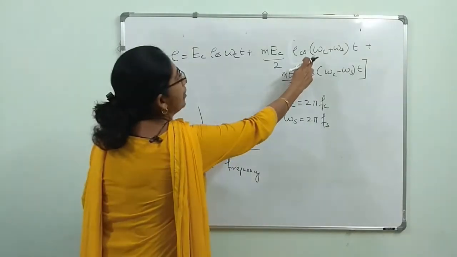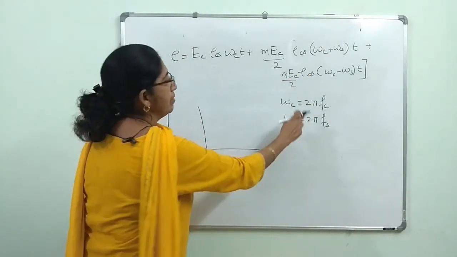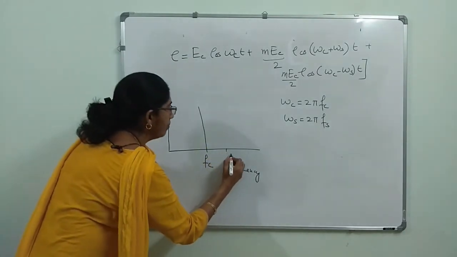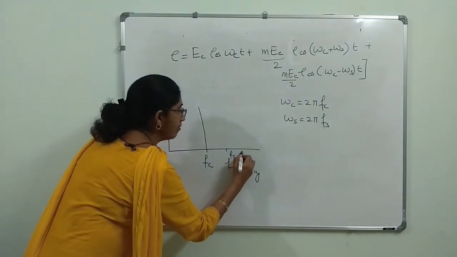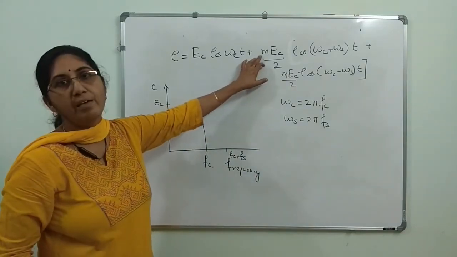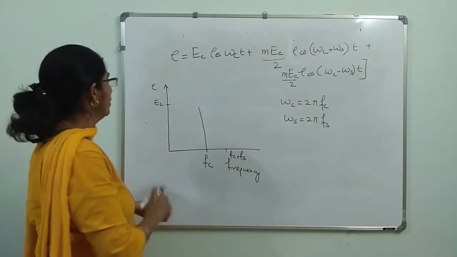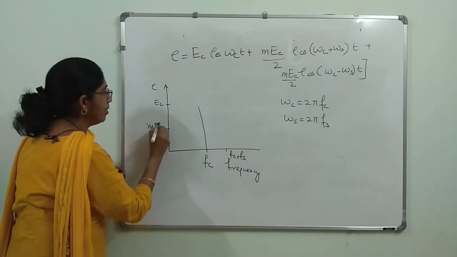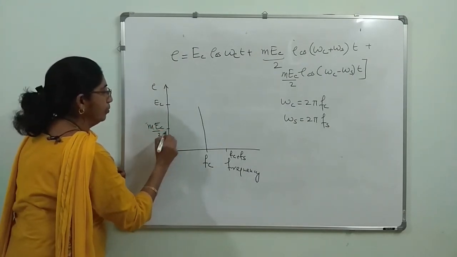Then corresponding to omega C plus omega S, the frequency will be fc plus fs. So that will be here, fc plus fs. And what is the amplitude of that component? MEC by 2, which is less than EC. Somewhere here I can write MEC by 2.